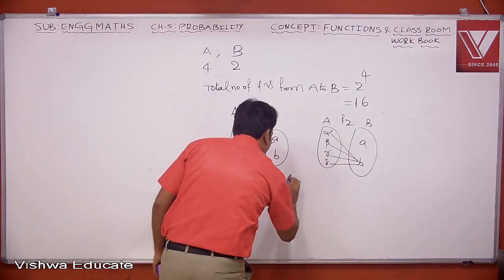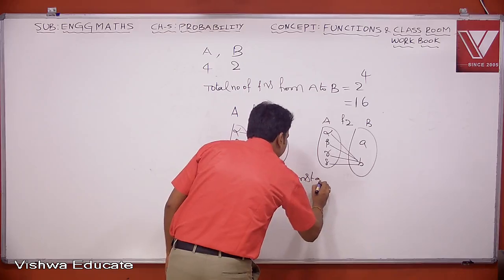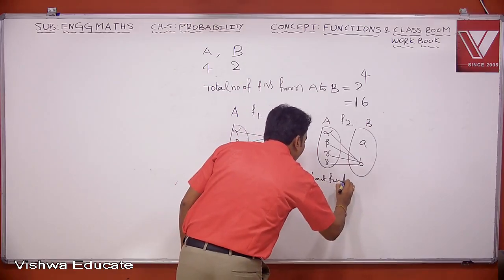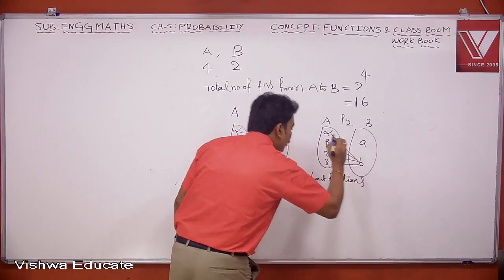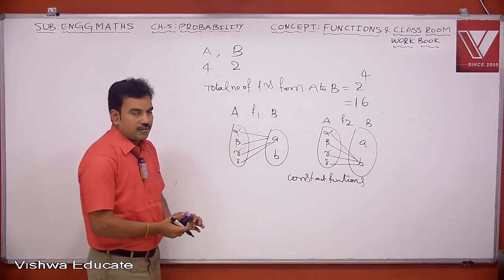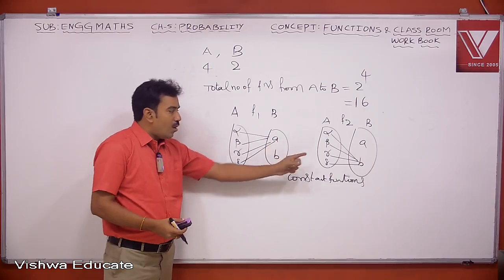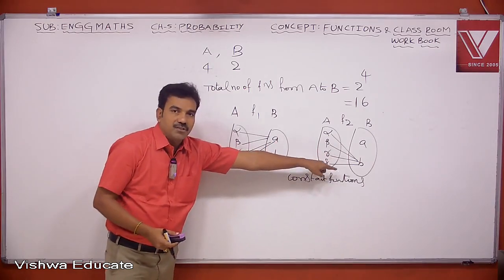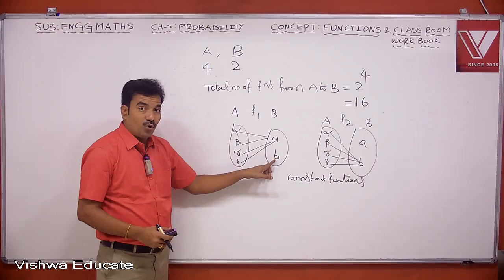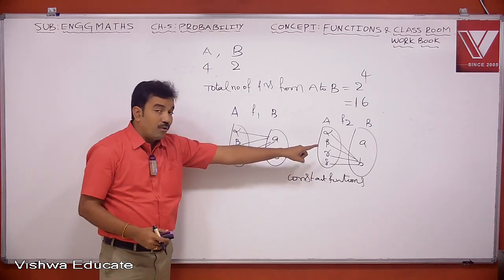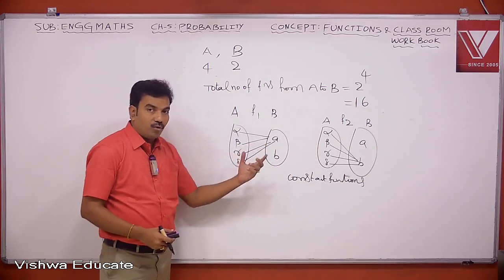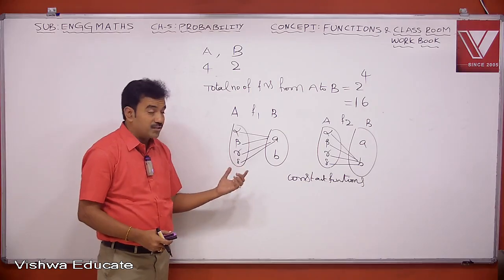Basically, both the functions are called constant functions, because all elements are set to a single fixed image. In the first example, B has no premise. In the second example, A has no premise. So in both cases, they are not onto functions.